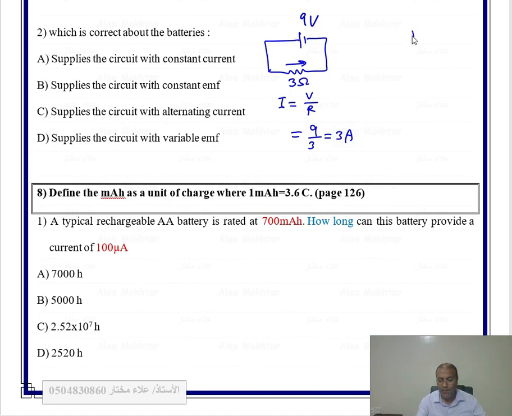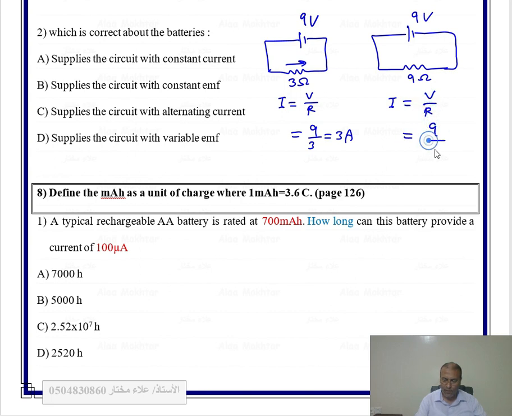If I take the same battery and connect it to another resistor of 9 ohm, I equals V over R equals 9 over 9 equals 1 amp. The battery supplies the circuit with a constant current. It's wrong. Supplies the circuit with a constant EMF. Yes, it's correct. EMF is not changing. If we change the resistor, the battery remains constant.